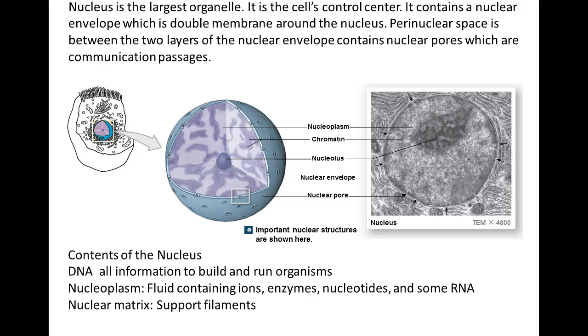You have the fluid, which contains the nucleoplasm, ions, enzymes, nucleotides, which are the building blocks of more DNA or more RNA, and some RNA. But nucleotides mostly building blocks of DNA, and also storage, a place you can store energy. Then some supporting filaments in there to give it structure.